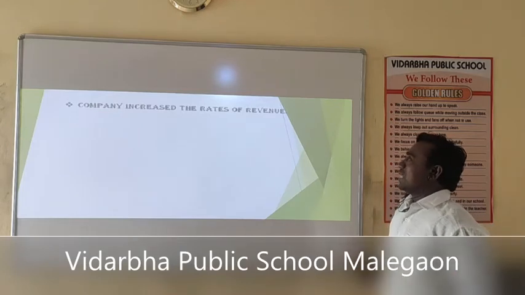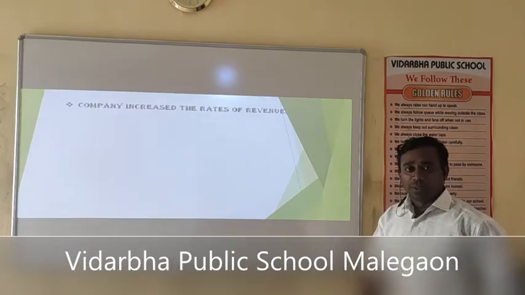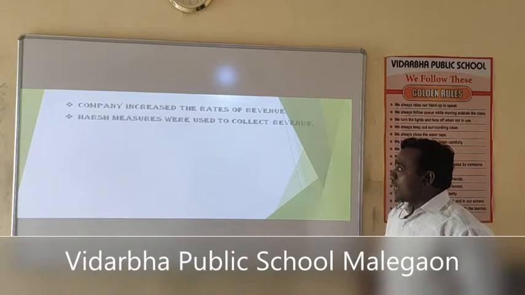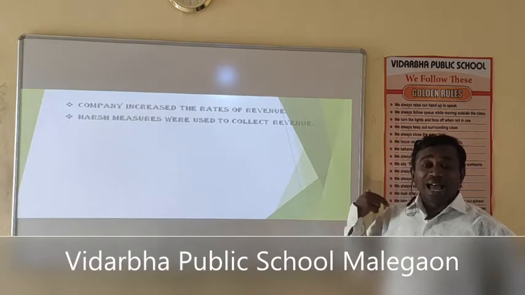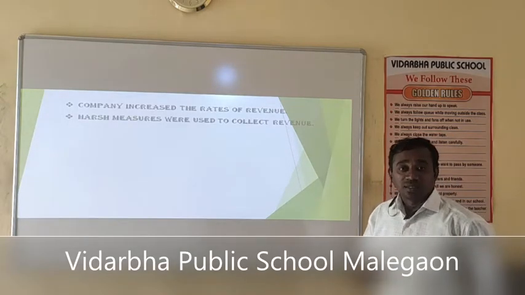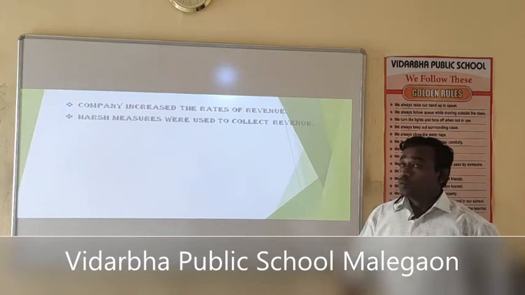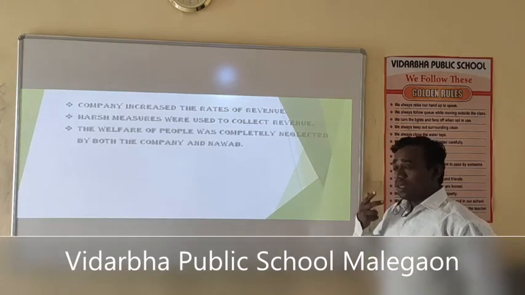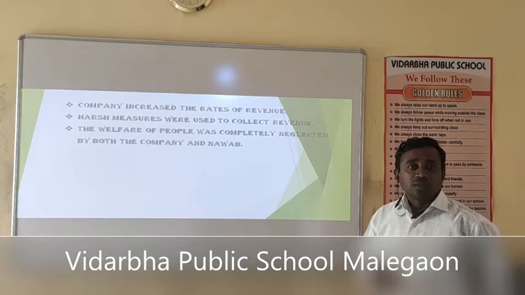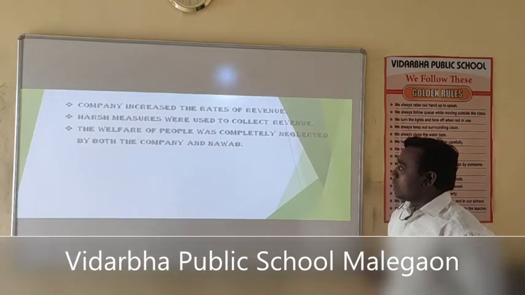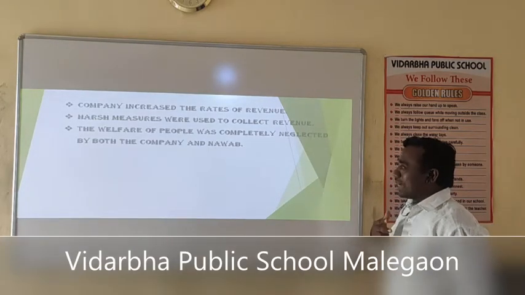The company increased the rates of revenue in order to increase their profit, and they implemented harsh measures to collect the taxes. If somebody failed to pay the taxes, they would be punished. The welfare of the people was completely neglected.